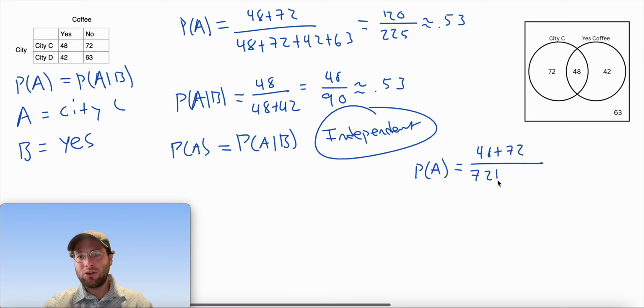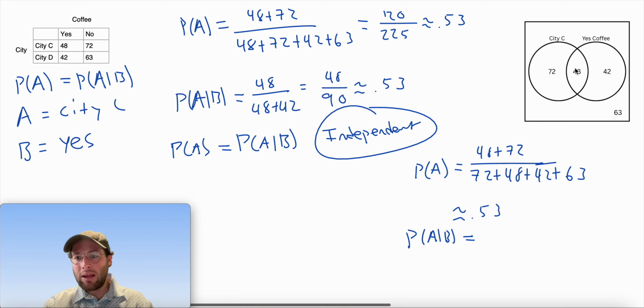So 72 plus 48 plus 42 plus 63. And we know from up here that's going to come out to approximately 0.53.